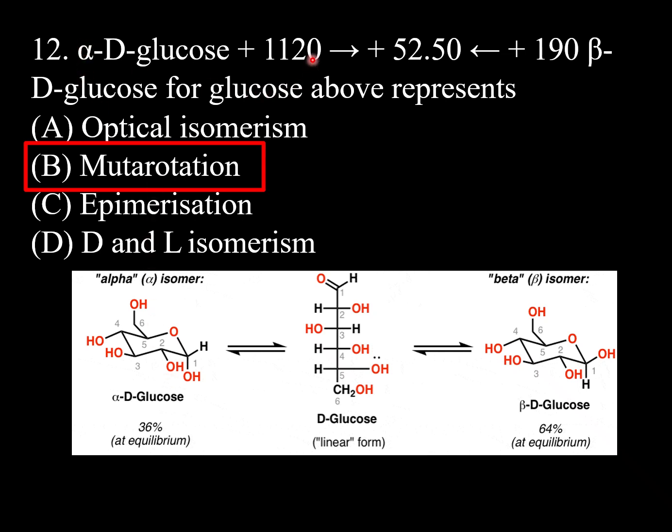The linear glucose, when it changes the angle, converts into alpha in 36% of cases, and when it changes the angle, it becomes beta in 64%. So this conversion from alpha to beta and from beta to alpha is known as mutarotation.